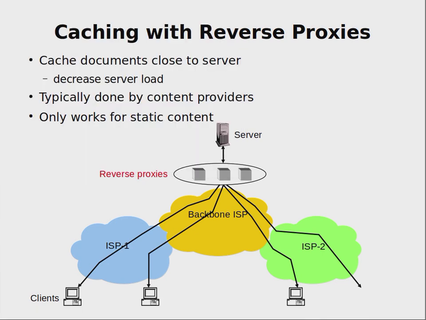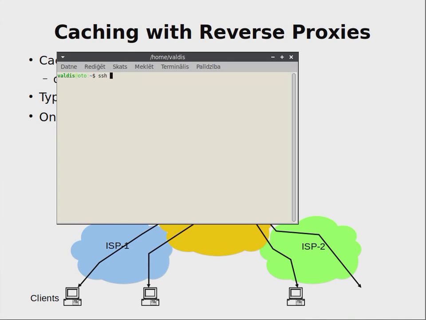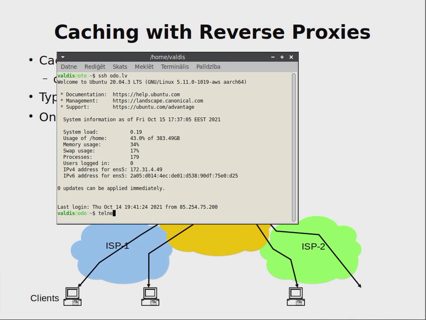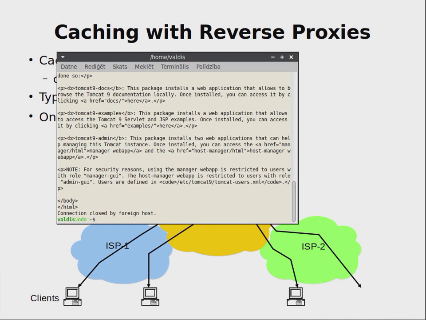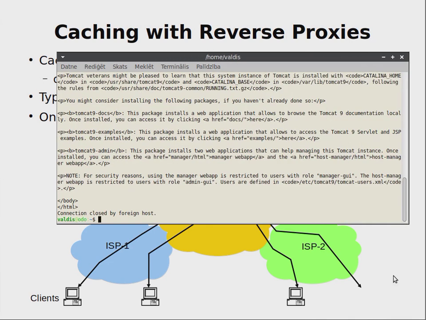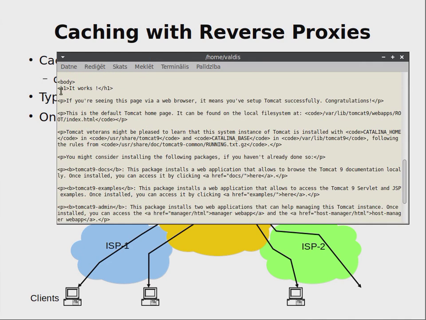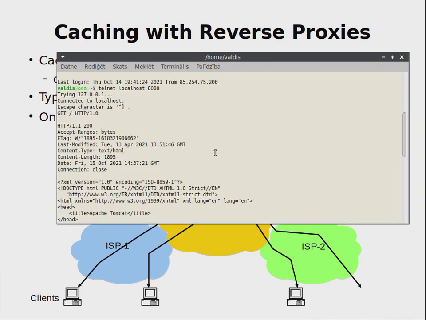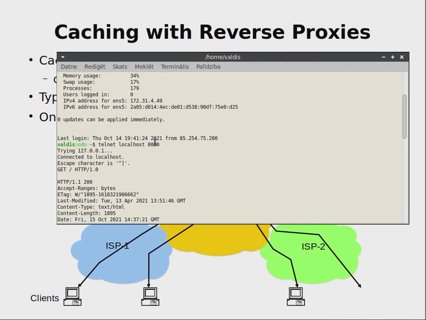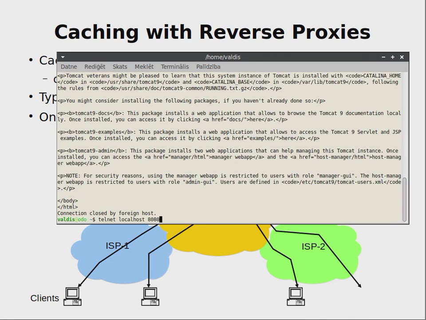For example, I showed you how it looks from the external side, but if I connect to this server, I can say telnet, and I got a response here from this application server, and as you see it's neither port number 80, nor port 443, but this.